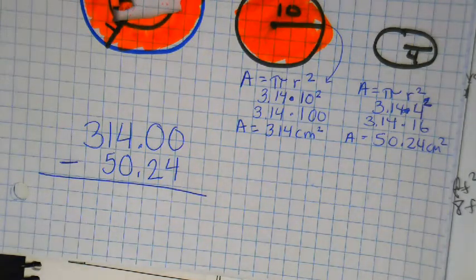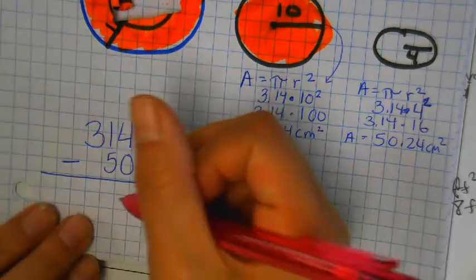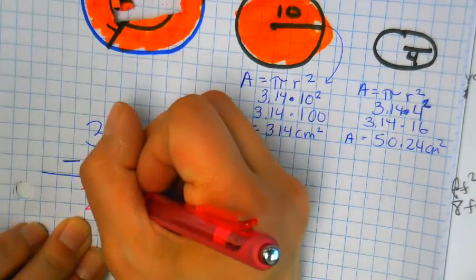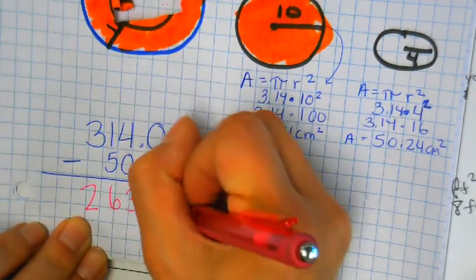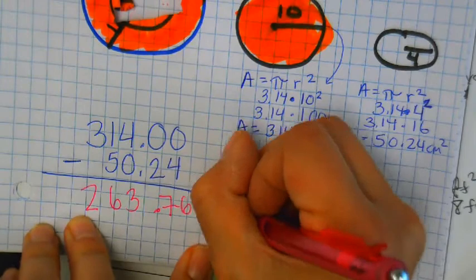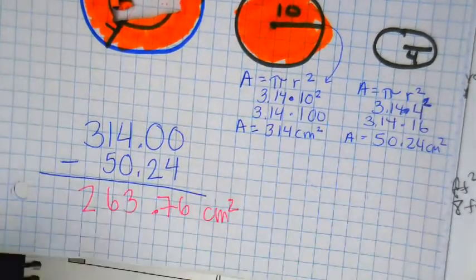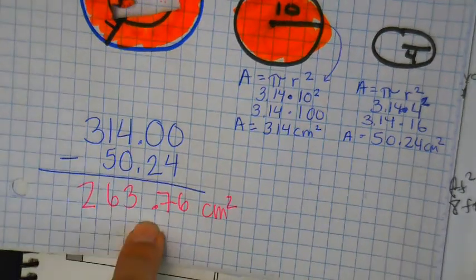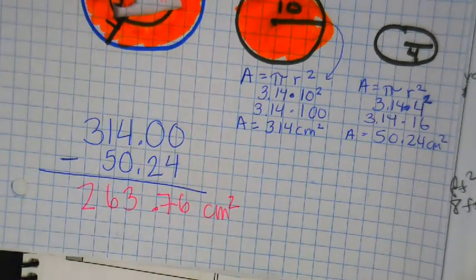What do we get? 263 and what? 0.76. Do we agree with that? Yeah. Centimeters squared. So, the area of the donut is 263.76 centimeters squared.